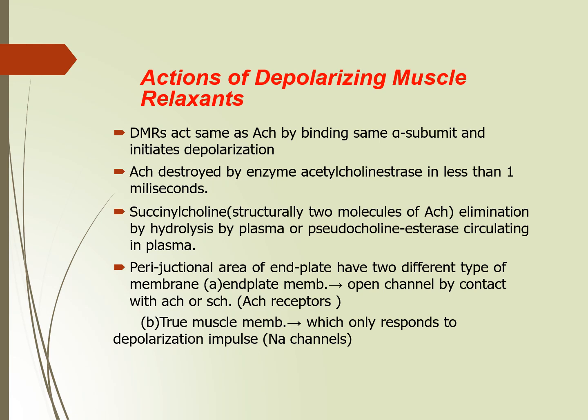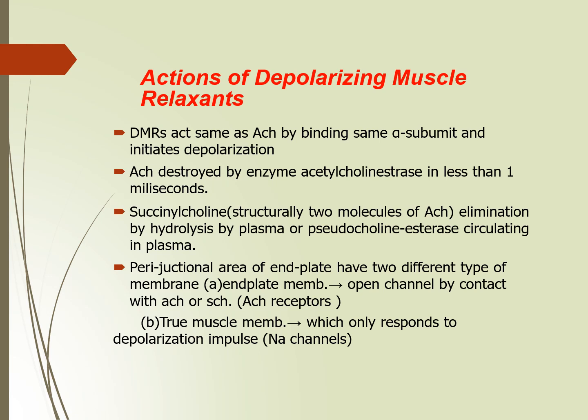Now the depolarizing muscle relaxants: they act just like acetylcholine, by binding the same alpha subunit and initiating depolarization. ACH is destroyed by the enzyme acetylcholine esterase in less than 1 millisecond. Examples are succinylcholine, also called suxamethonium, and one more example is decamethonium.